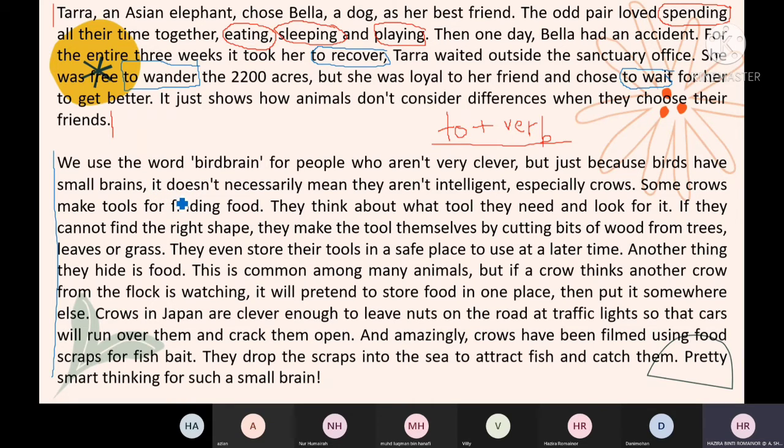Example of gerund is finding, and then cutting here, and any other gerunds in that sentence is here: watching. All right.